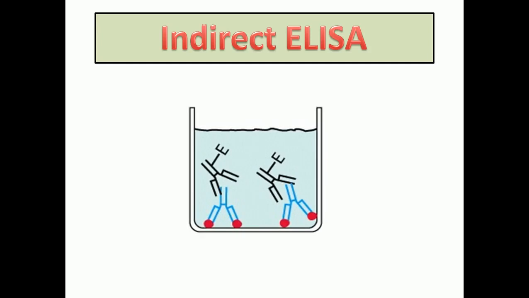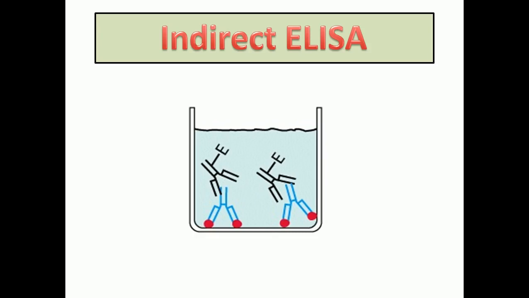After that we add the secondary antibody. The secondary antibody is very important, because it carries the enzyme. It is not like the primary antibody that we added, because the secondary antibody is linked with an enzyme. That's why it's called enzyme linked immunosorbent assay.